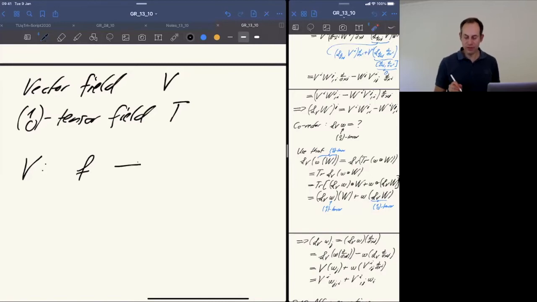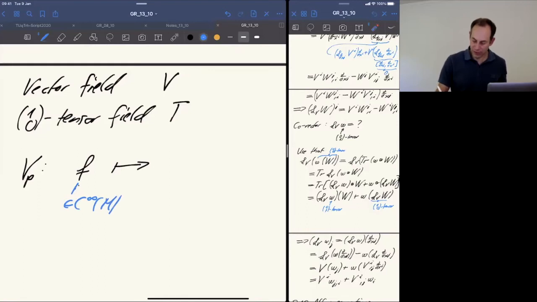What we did before was just to consider vectors at a particular point, and then they would map a function to a real value. So f is an element of C infinity M, and it maps it to a real value called V_p of f. That's an element of R.